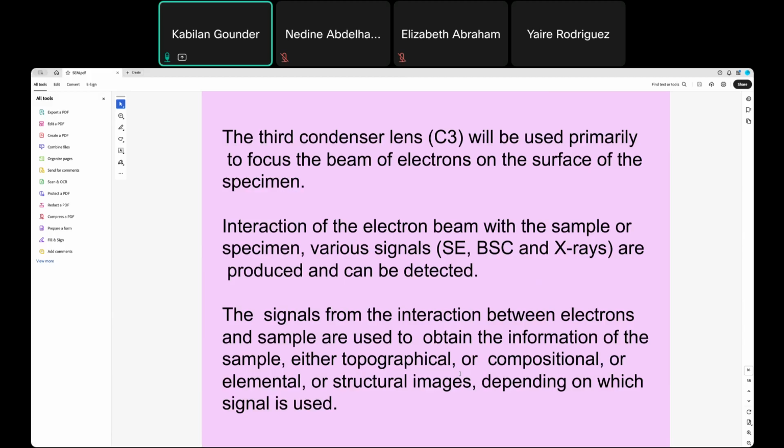So that's the most important thing, the interaction of the electron beam with the sample. What kind of signals do you want to get? Based on that, you detect them.